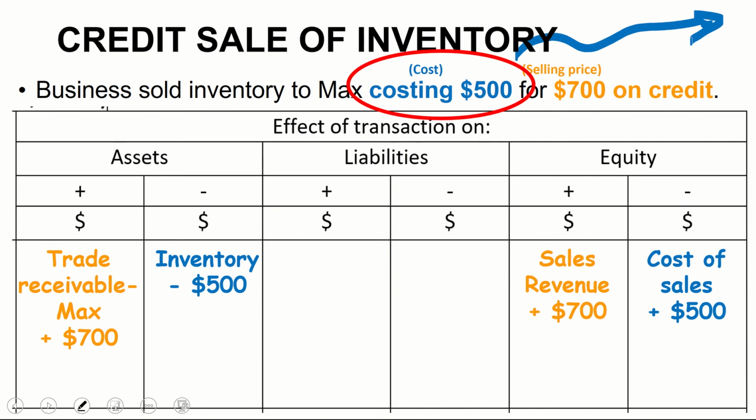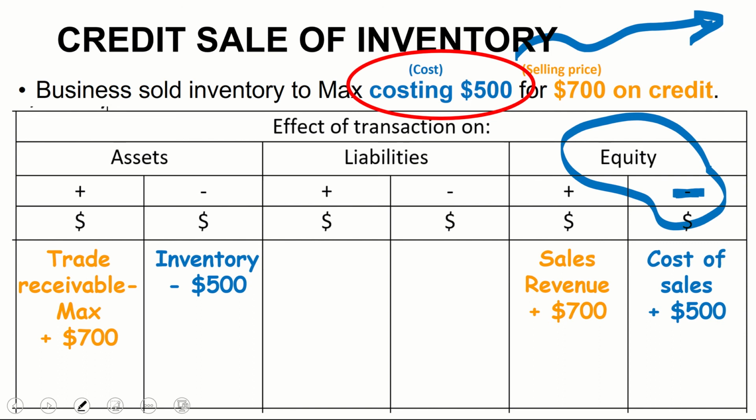The other account affected is cost of sales increase. Although cost of sales increase, you need to remember that equity went down. If you cannot remember why equity went down, please go back to the previous section and review why.